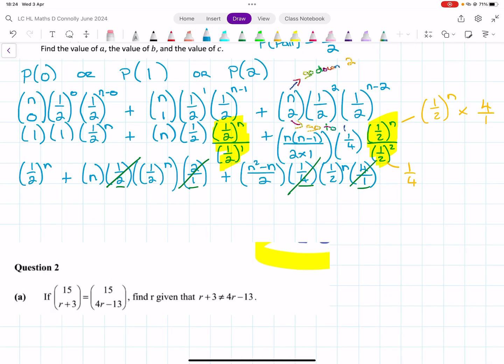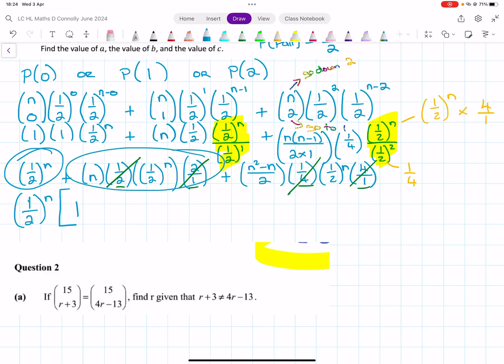So can I take that out? I don't know if that helps. Let's see if it helps. If I take a half to the power of n out, here I'm left with 1, here I'm left with n, and in the last one, I'm left with n squared minus n over 2.